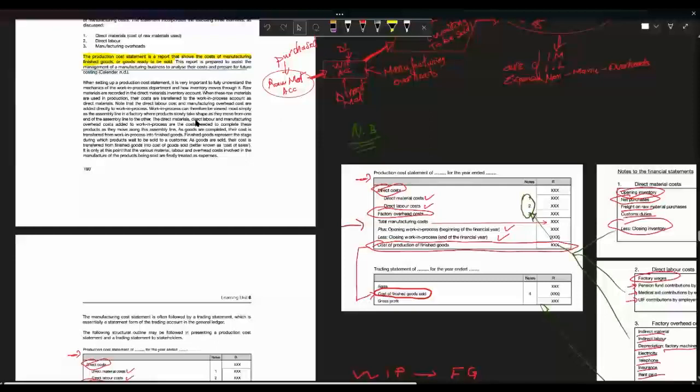And simply you will add the opening work in process at the beginning of the financial year and subtract the closing work in process at the end.